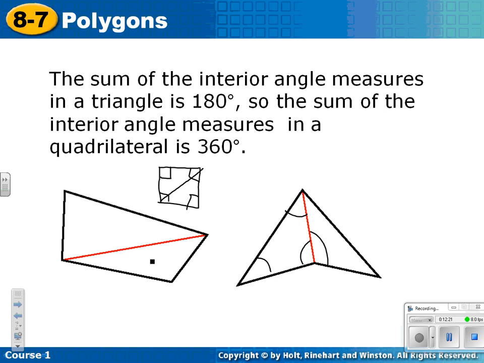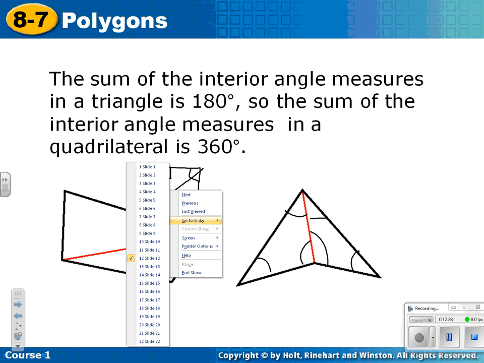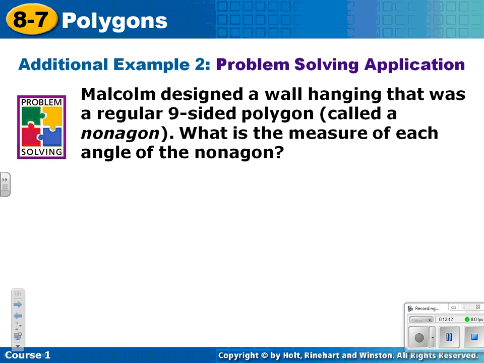What's the measure of these three all together? 180. What is the total of the measurements of all of those together? 360. Okay. The number of triangles will determine your total. No, they are all 90. The measure of each angle, they're all 90.